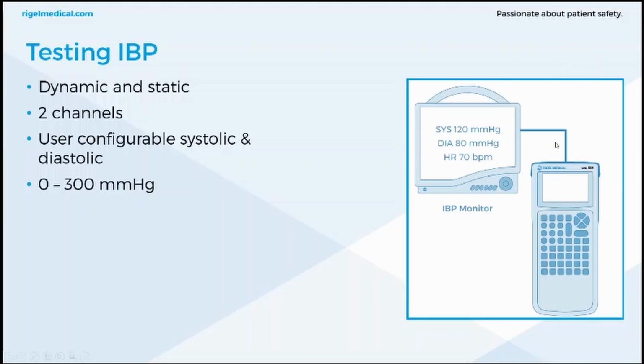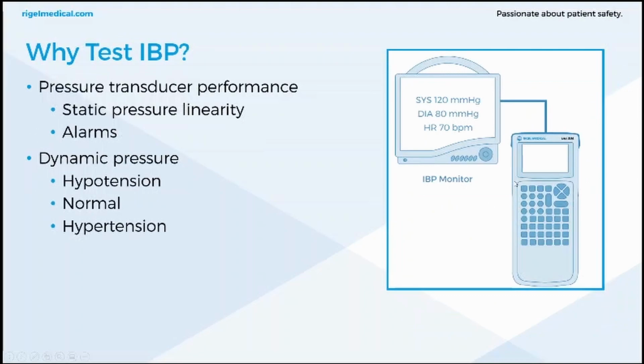Now this is direct measurement, remember, so it's going direct to the monitor. It's using electrical signals to simulate. Why test IBP? Pressure transducer performance, static pressure linearity, alarms, dynamic pressure, so hypertension, normal hypertension.